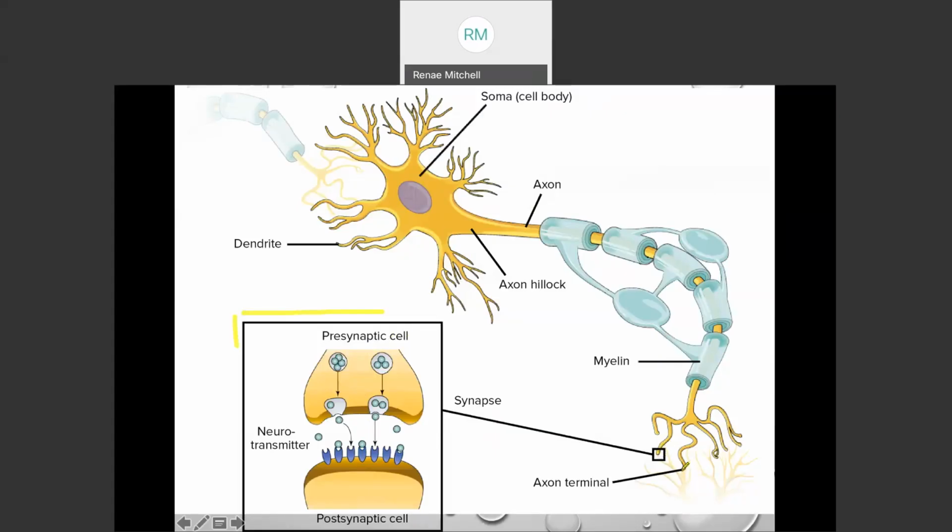That's this very tip of the axon here. And that would be this area. Then there's a space, and then the dendrite of the next neuron, which is down here, forms this space here. And this is where information is communicated between the cells. We'll talk about that in more detail momentarily.